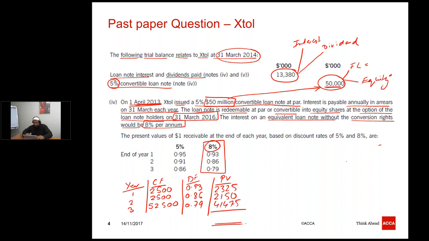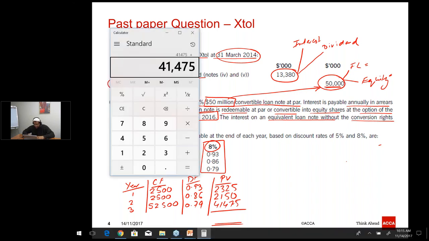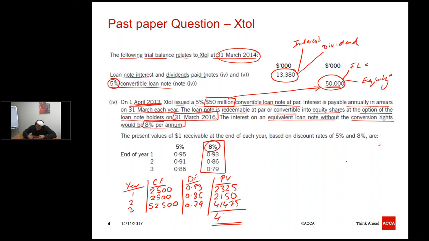So the total is going to be 41,475 plus 2,150 plus 2,325, which is going to be 45,950. So 45,950 is the amount of financial liability. Thank you, Neeraj. Thank you, Kohli. Thank you, Saad.